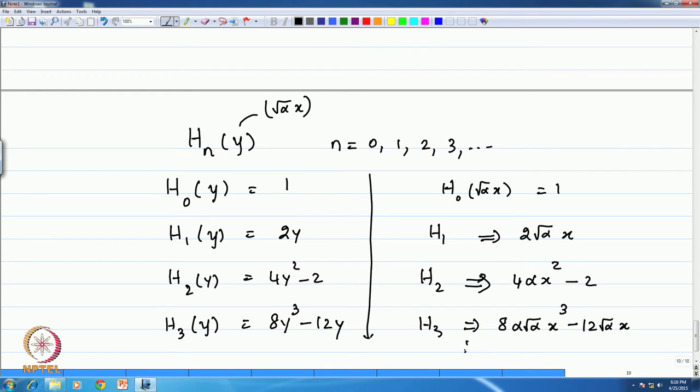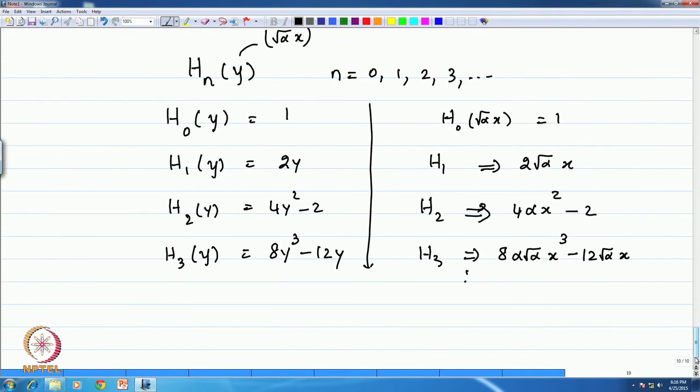There are relations that the polynomials satisfy between Hn, Hn plus 1 and Hn minus 1. There is a relation called the recurrence relation, which is also known in mathematics.